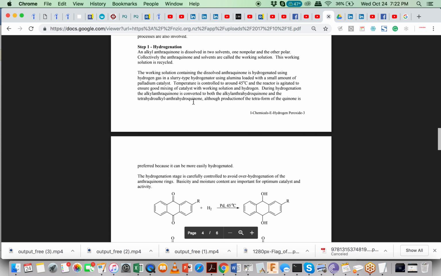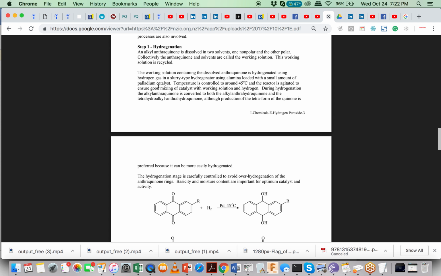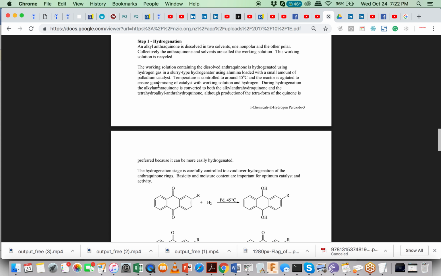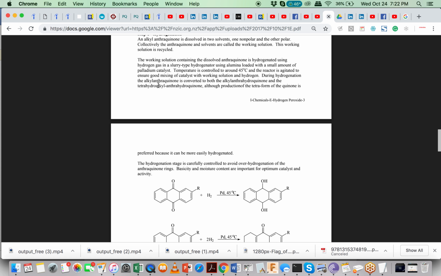The working solution containing the dissolved anthraquinone is hydrogenated using hydrogen gas in a slurry-type hydrogenator using alumina loaded with a small amount of palladium catalyst. Temperature is controlled to around 45 degrees Celsius and the reactor is agitated to ensure good mixing of catalyst with working solution and hydrogen.